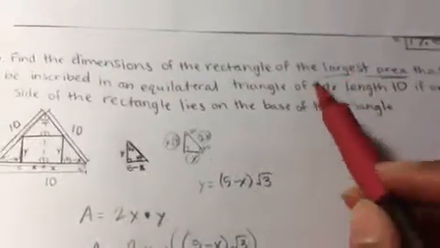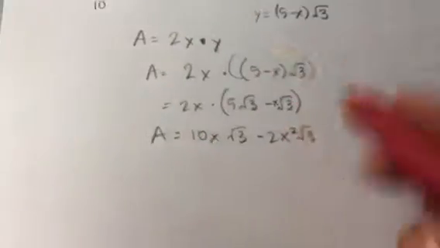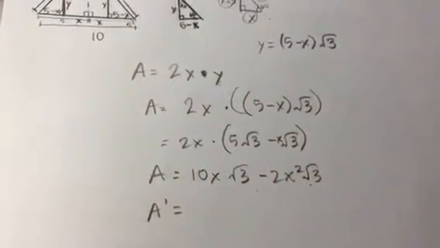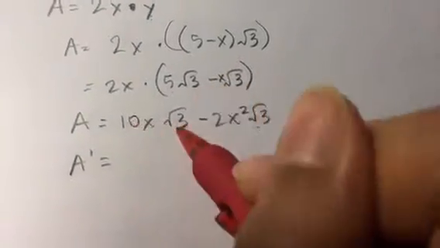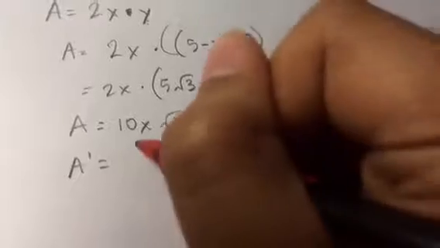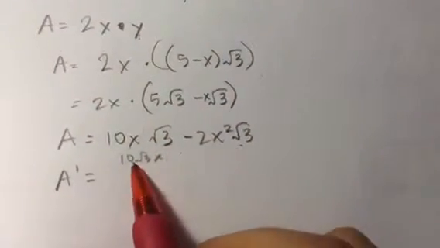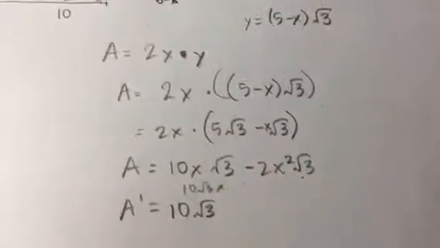From this, we're trying to find the dimensions of the largest area. So we will take the derivative of this. You could rewrite this as 10 rad 3 and then x behind it. So the derivative of this is just 10 rad 3.